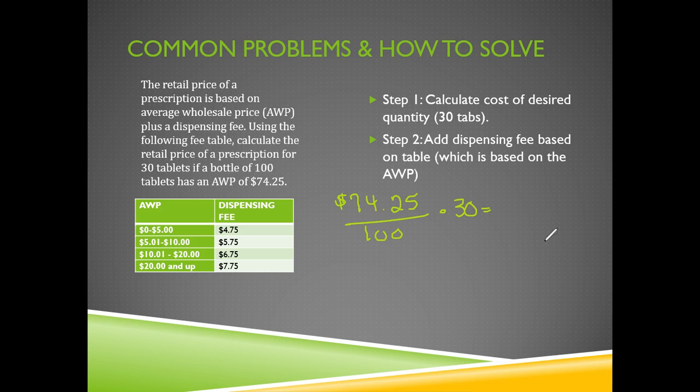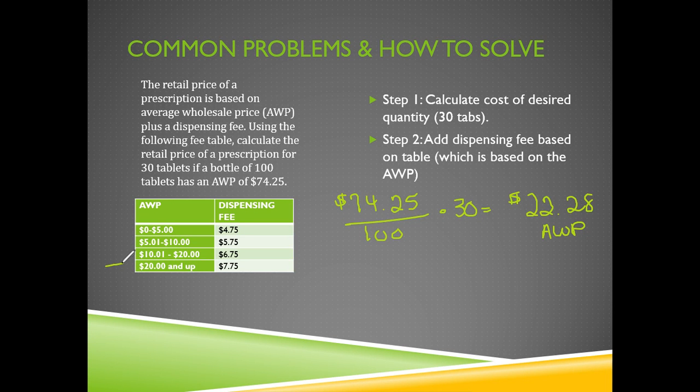So I have $74.25. I'm going to divide that by 100, and multiply by 30. And then I get $22.28. So this is my AWP. Now since the dispensing fee is based on the AWP, I'm going to take a look at the table.